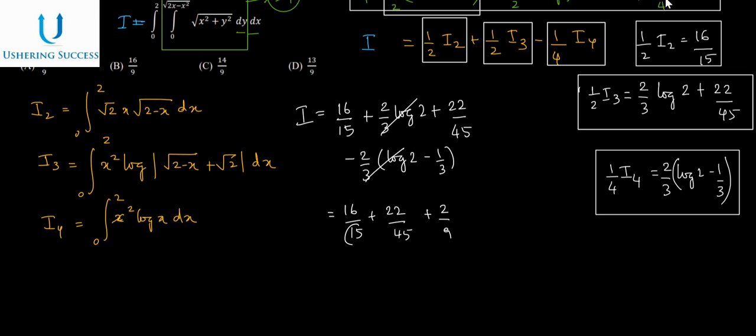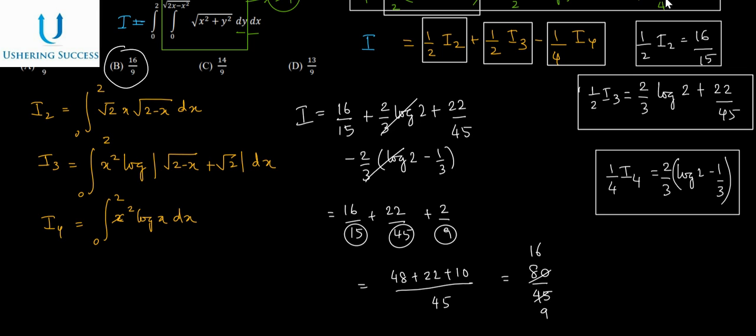So I have 15, 45 and 9. So I'll take 45 as a common denominator. So 45, and I have 16 into 3 is 48, and then plus 22, and then 9 into 5 is 45, so 2 into 5 is 10. So this becomes 80 by 45, or if I cancel by 5 it becomes 16 over 9. So you see the option B, 16 over 9 is the correct answer.